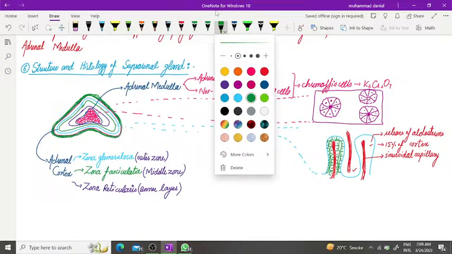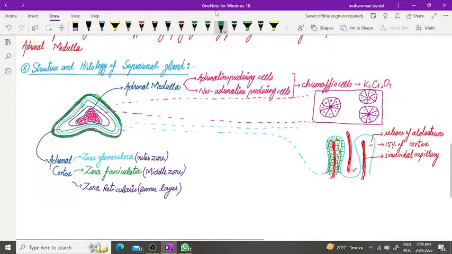Now I am going to draw the next layer, that is zona fasciculata.